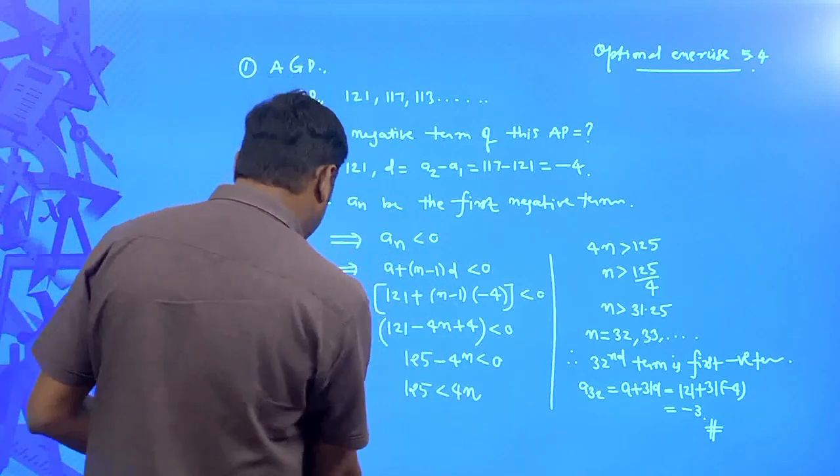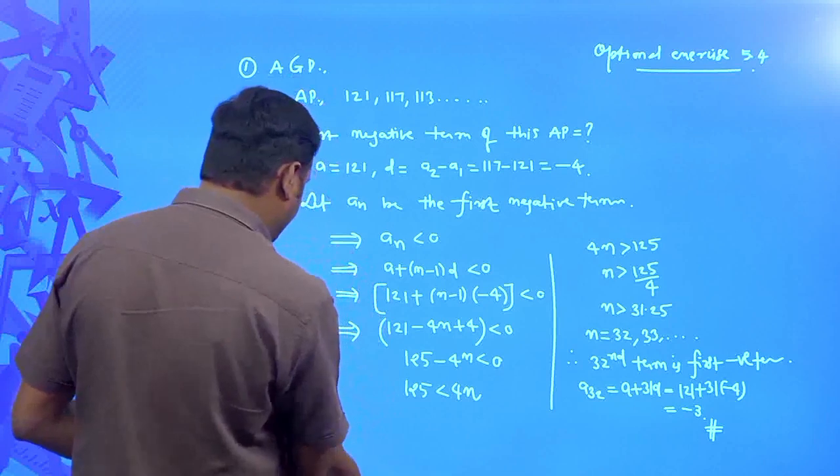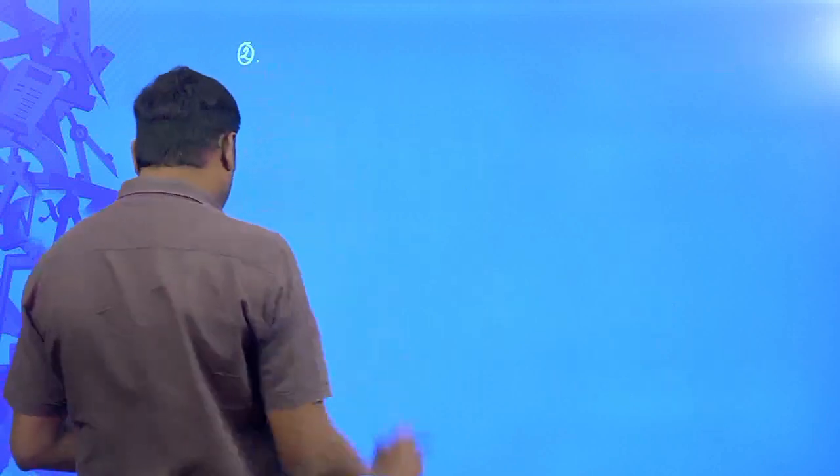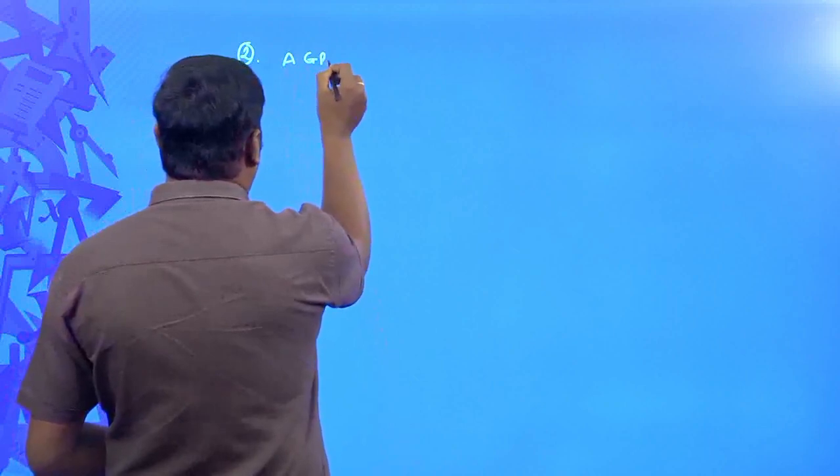Coming to the next problem in this exercise 5.4, I am going to read it out. The problem is: the sum of the third and seventh terms of an AP is 6, and their product is 8.